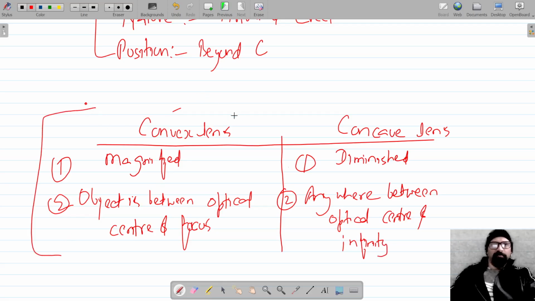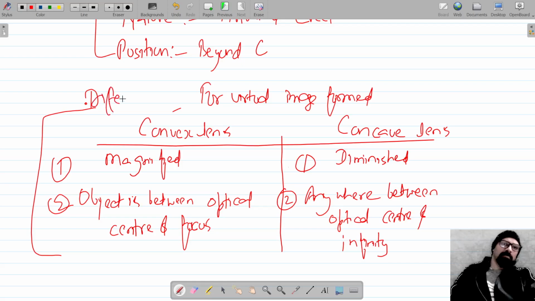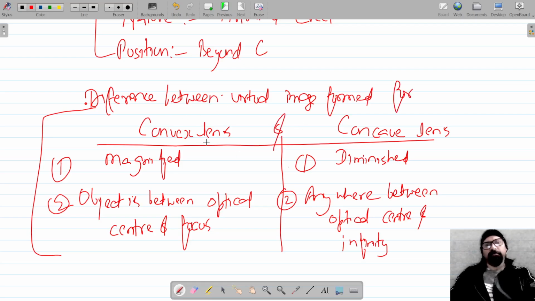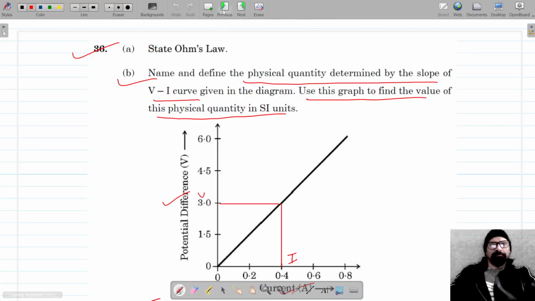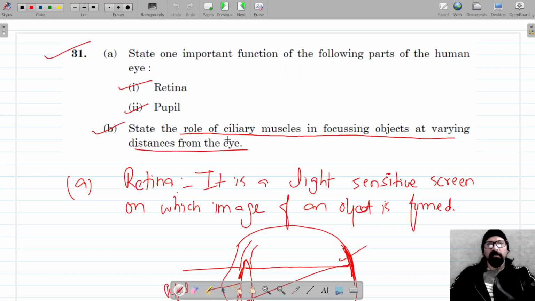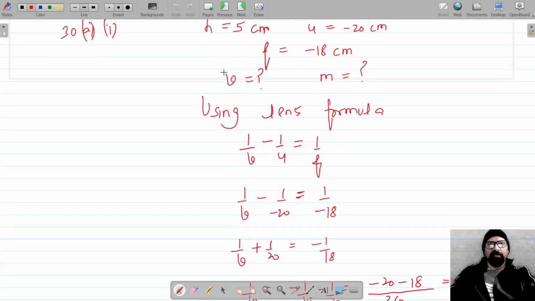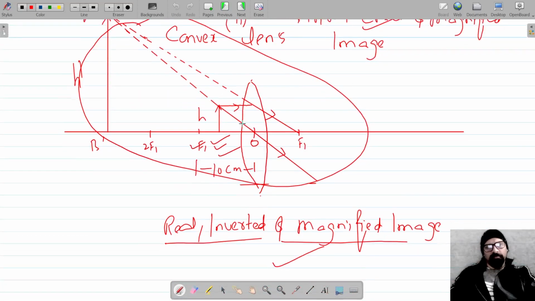Okay, so this is the difference for virtual images in convex and concave lenses. Let me show you how. This is the convex lens.